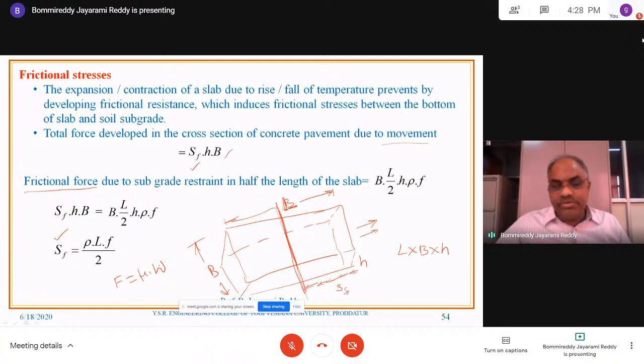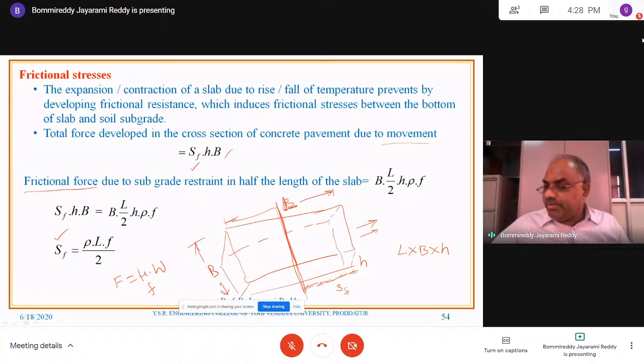Here W means weight of the slab and mu is the coefficient of friction. Of course, here instead of mu, we are calling it F. So F is equal to F into W.